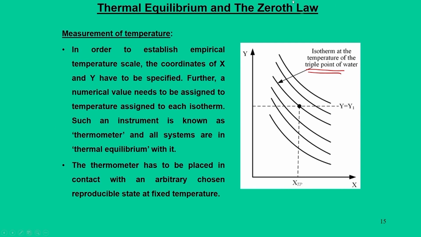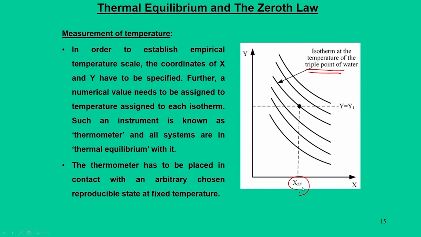Now, in the same xy plot, where x and y are the two independent properties, it can be pressure and volume. So, based on that we can locate one particular temperature on this entire set of isotherms, which is nothing but the triple point of water.